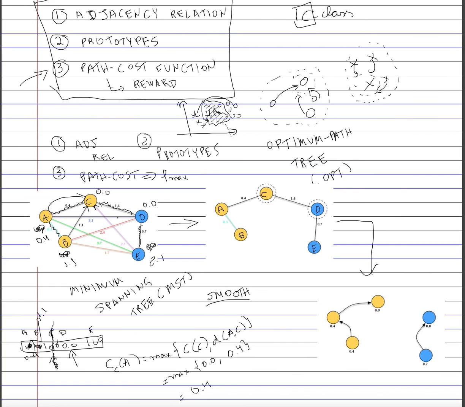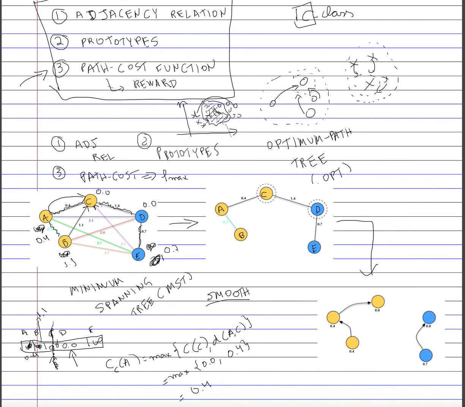The same happens with A. D offers the cost of 3.1, the maximum value between 3.1 and 0. But 3.1 is worse than 0.4, so D cannot conquer A. But now D can conquer E because D is going to offer the cost 0.7 to E, and E has the cost 2.1, so 0.7 is much better.